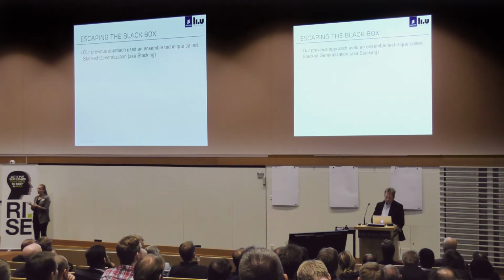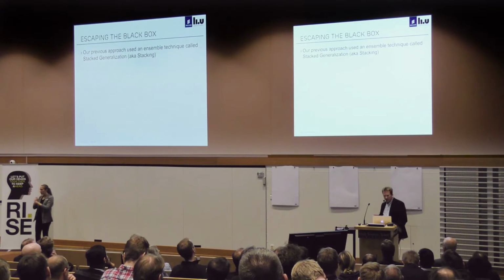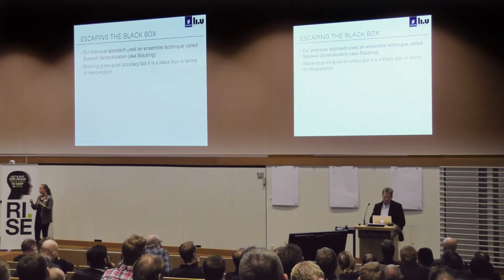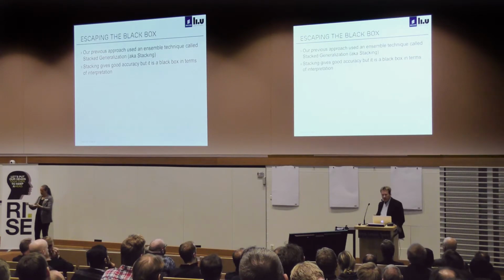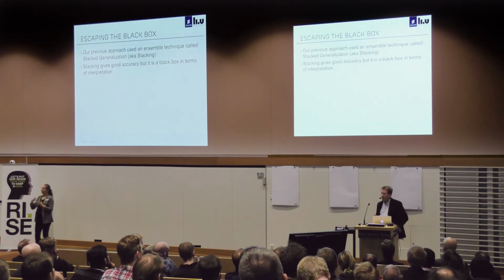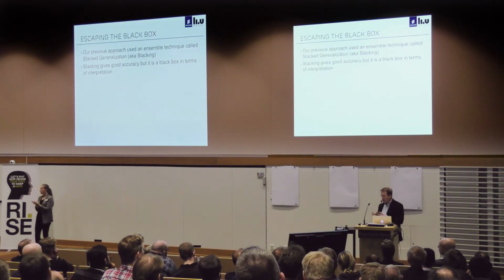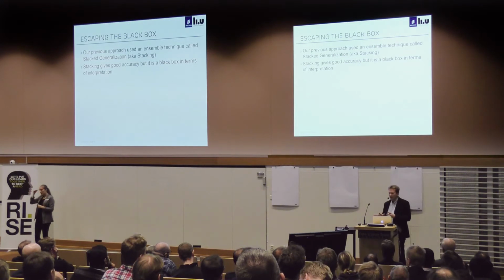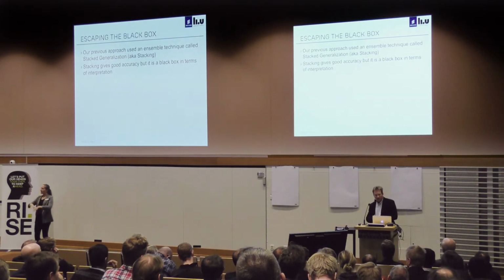So we've studied this problem before, and we've used an ensemble technique called stack generalization, also known as stacking. And stacking gives a very good accuracy, but in terms of interpretation, it's a bit of a black box. So it's hard to understand what happens, and it's hard to get a good uncertainty measure from this stacking approach.